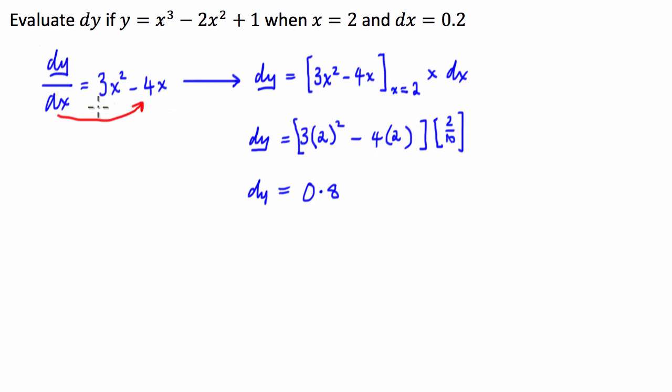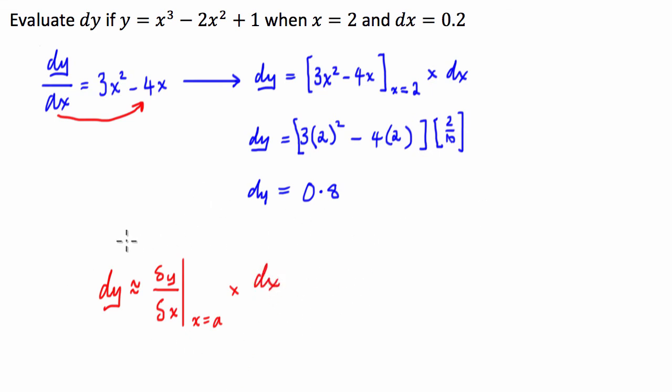Now, I don't know if you've done any questions that involve linear approximations or incremental change, but if you have done some of them, you're going to notice that this method shares a lot of similarities with this method, where the change in y can be approximated by the derivative of y with respect to x evaluated at a particular point x times dx.